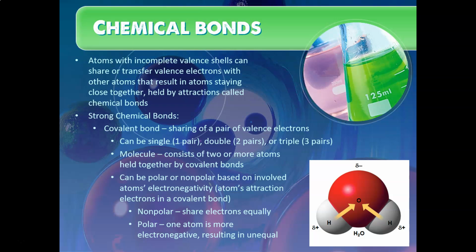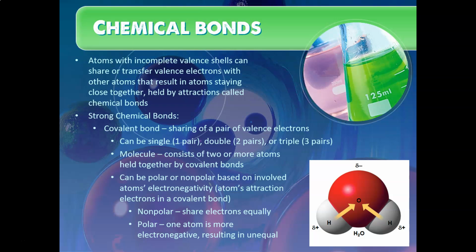And these molecules can be polar or nonpolar based on the electronegativity of the atoms that are involved. So when we look at electronegativity, it's really the atom's ability to attract electrons. Are they sort of both equally capable of hanging on and attracting those electrons? Or is there some unequal balance there?